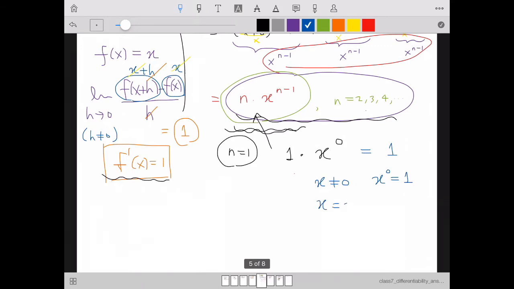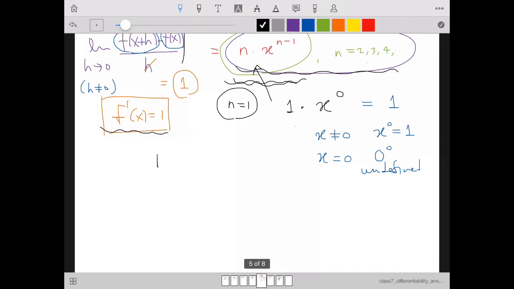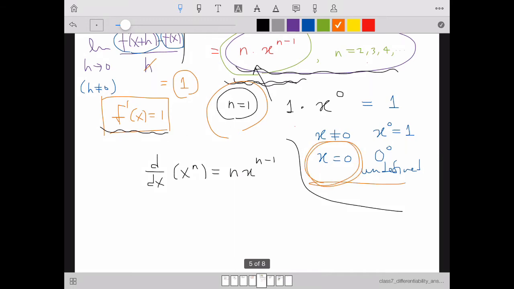If x equals 0, we are getting into the problem because 0 to the 0 is undefined. So if I write d/dx of x to the n is n x to the n minus 1 as a general rule, then I encounter a problem when n is 1 because at x equal to 0, this formula becomes undefined. Whereas at x equals 0, I still have the derivative.